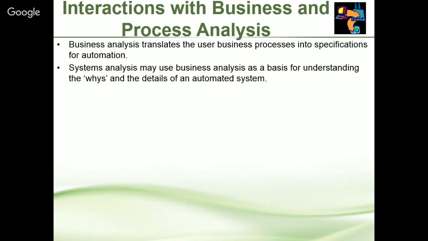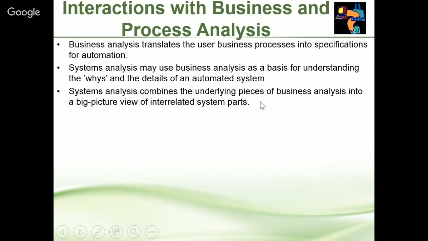Systems analysis might use the output of business analysis to understand why systems flow together, what's happening on the business end of them, and maybe to understand an automated system component. Systems analysis will combine all those little pieces of business analysis into a bigger view, so you can see all of a complex system or a series of complex systems and how they work together.